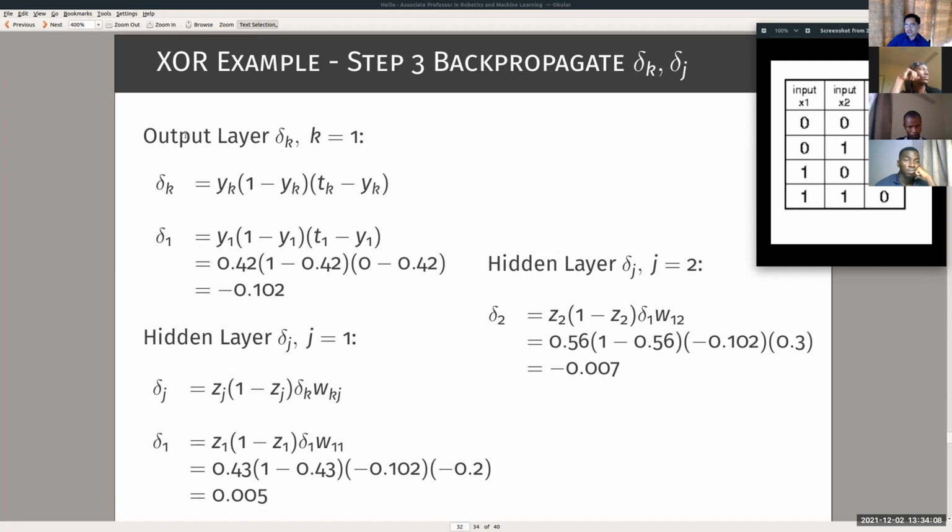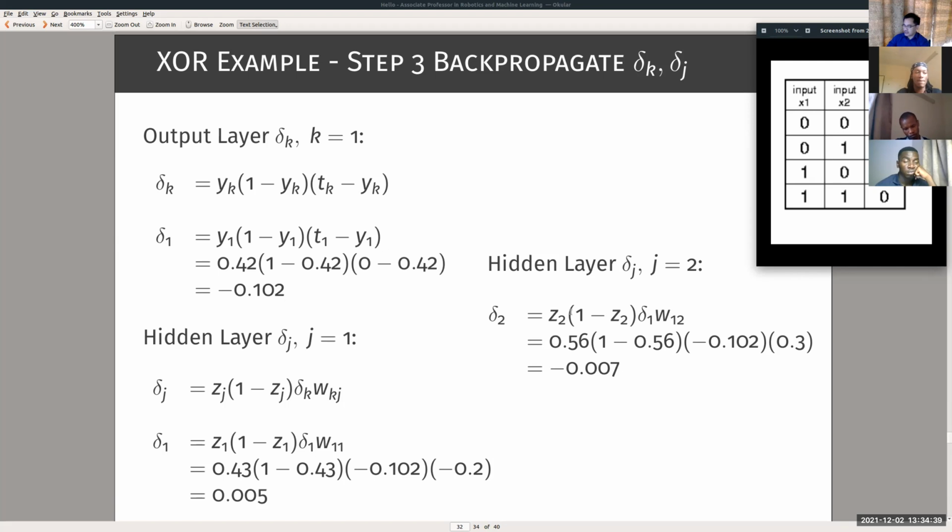Okay, because this is doing feedback propagation now, and k is equal to 1, so depending on the j, so W11. What is the W11 now? You just substitute, and this is your delta 1 of the hidden layer. And the delta 2 of the hidden layer, j is equal to 2, so you have delta 1, which is that delta K, and W12, which is the current W.